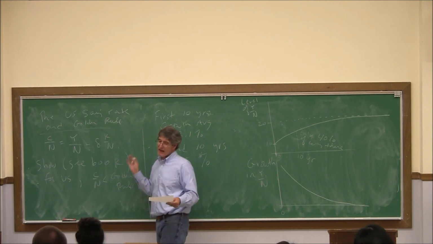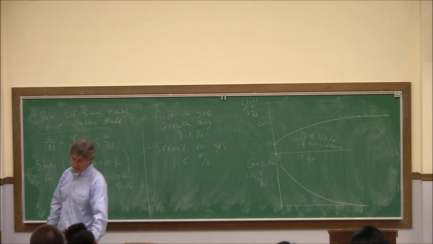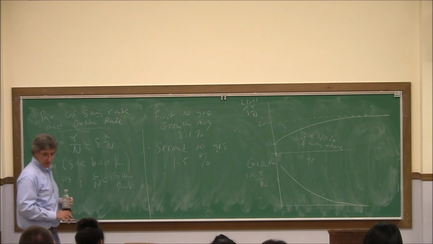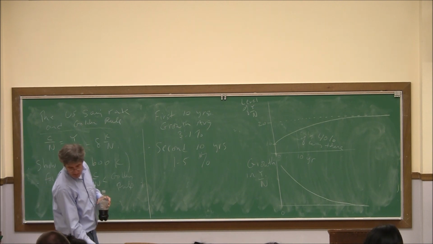The book does exact numbers, but it's a big old long table, and it just seemed like too hard to present on the board. And the numbers aren't that important. So we're below the golden rule.